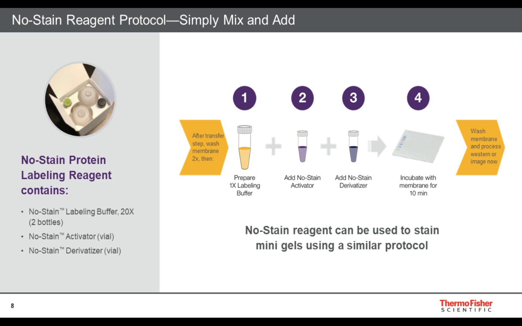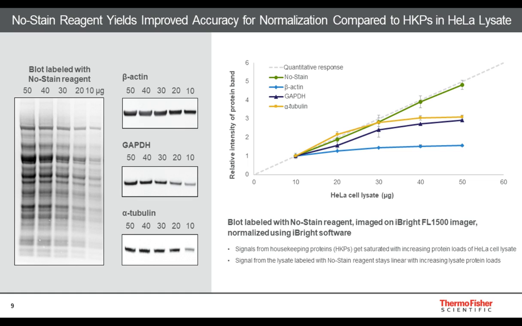The No-Stain reagent can be used to label the gels also using a very similar protocol. So it is a pretty simple reagent with a very simple protocol, which gives you quick and rapid results for your target proteins that can be normalized using total protein normalization.